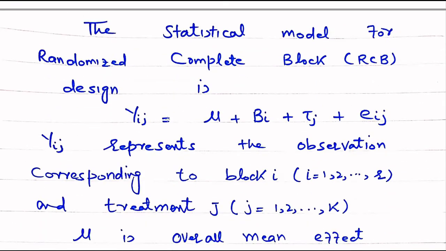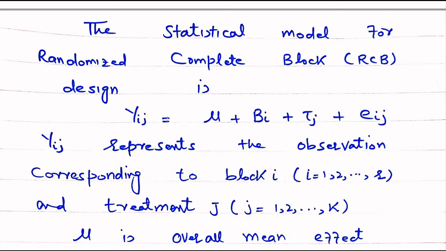The statistical model for randomized complete block design, or RCB design, which is its abbreviation, is Yij equal to mu plus Bi plus Tj plus Eij.